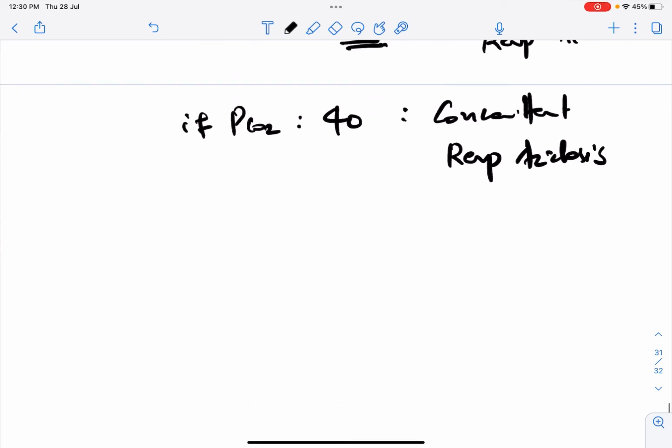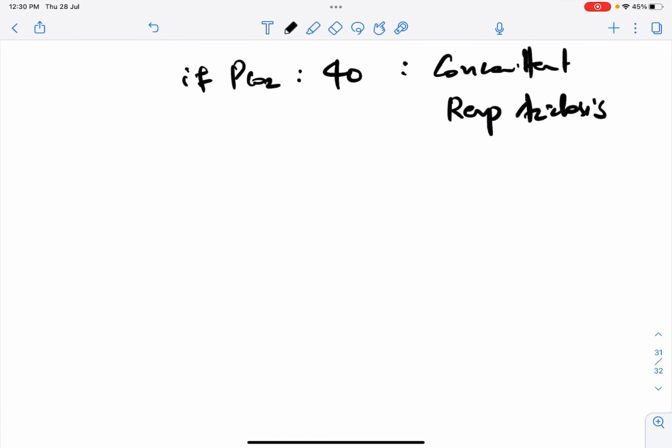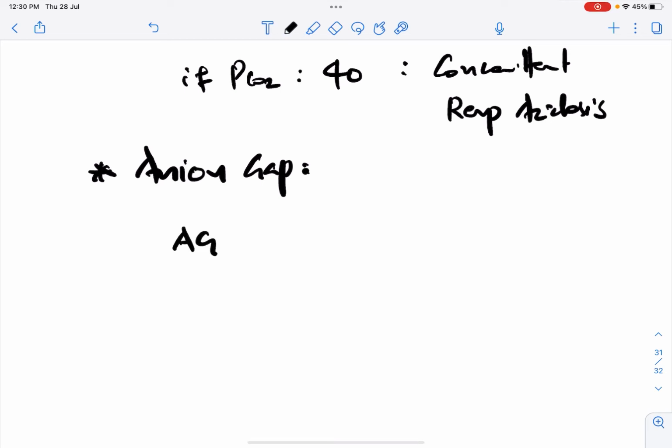Now, for metabolic acidosis, we have to calculate the anion gap. For metabolic acidosis only, not for other conditions. What is anion gap? Anion gap is simply the cations minus the anions.